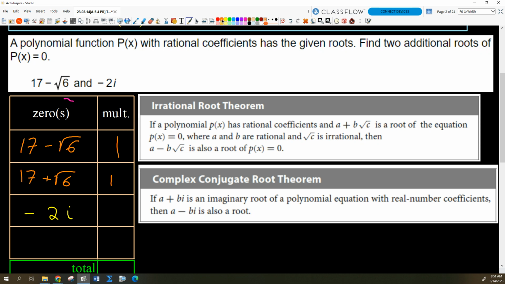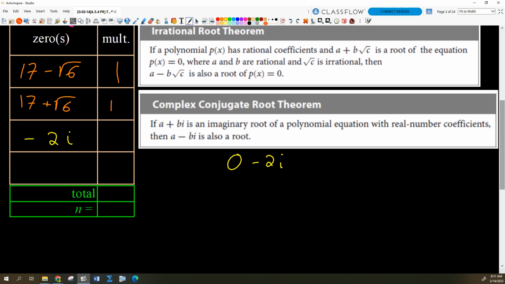Because we also know that any non-real zeros always come in complex conjugate pairs. Minus 2i is the same thing as 0 minus 2i, where the real part is 0 and the imaginary part is 2. Well, that must go with 0 plus 2i. Those are a complex conjugate pair. So yeah, we also get positive 2i.